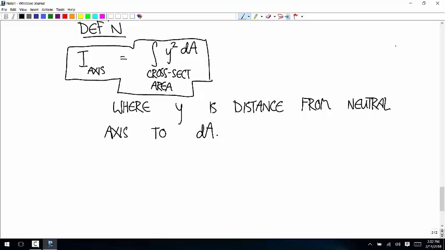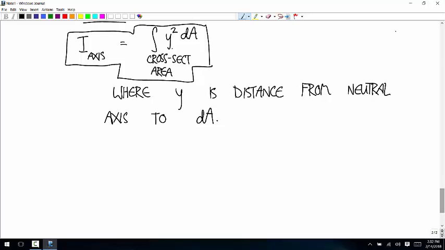We are going to do this for a couple of common shapes. Let's use this integral formula and derive the area moment of inertia for a rectangular shape.